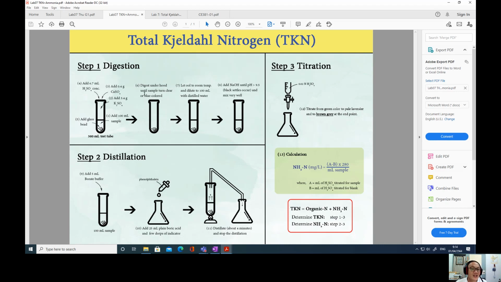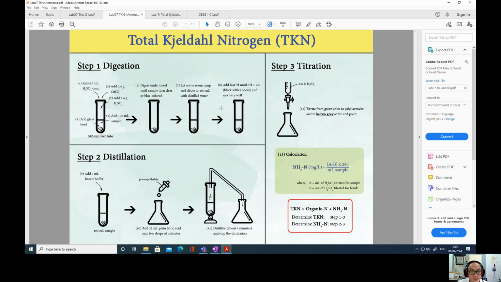We have to digest under the hood until the amount of liquid is reduced to only a few millimeters stuck to the bottom, like the figures that I've just shown you.